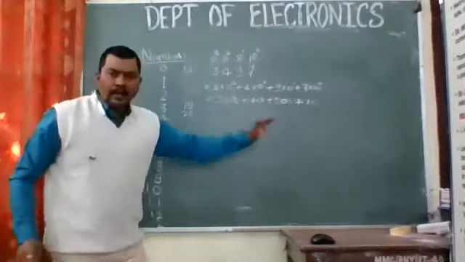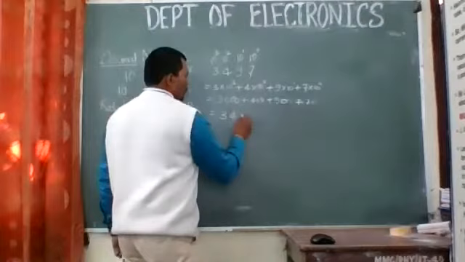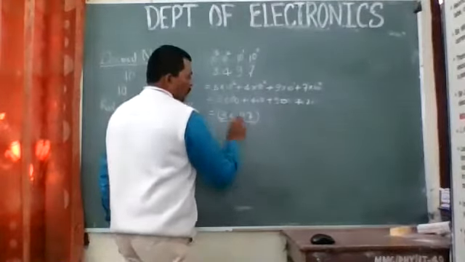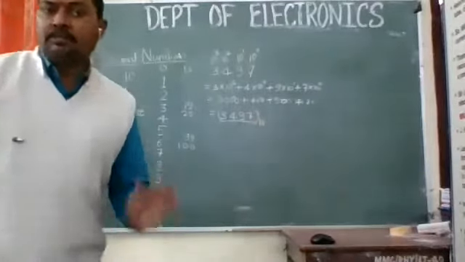And then if you add this, we will have this number as 3497. This is called a number which has a base of 10, that is the decimal number system.